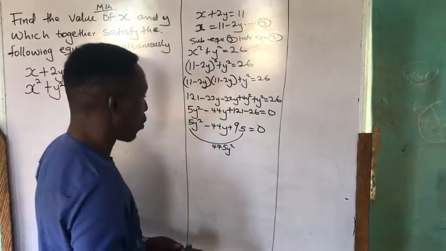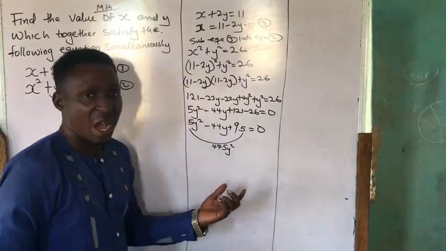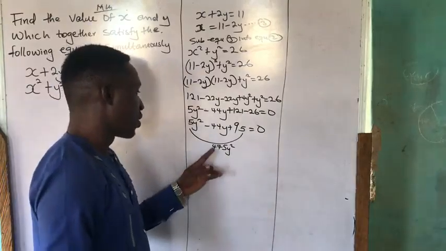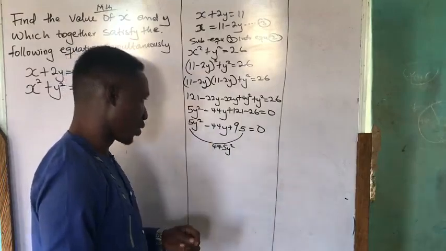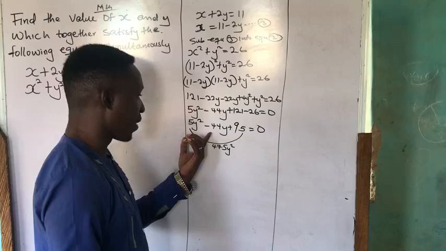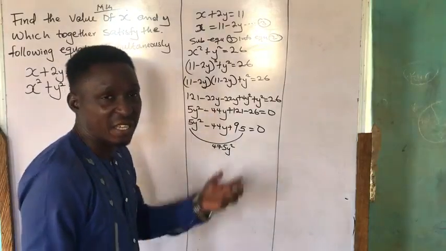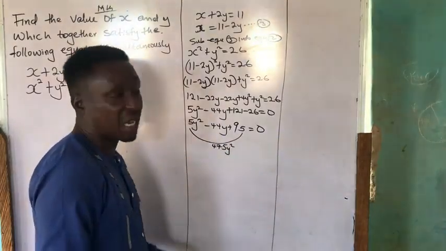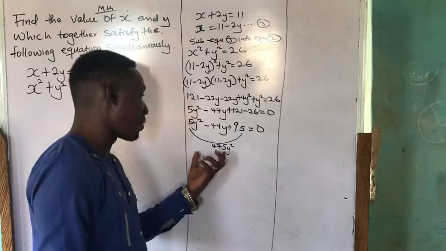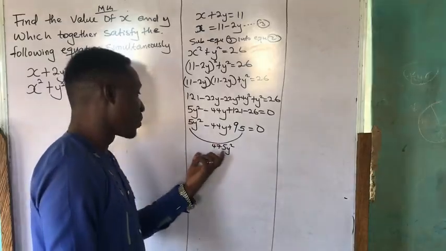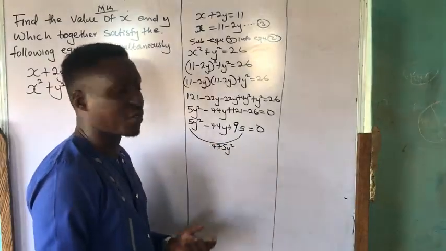We need two numbers that when we multiply will give us 475, and when we add will give us minus 44. In order to arrive at this minus 44, one of the numbers must be a negative number, and the negative one must be the bigger of the two numbers that give us 475.